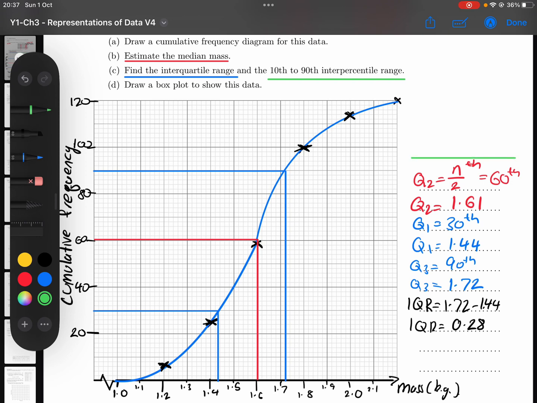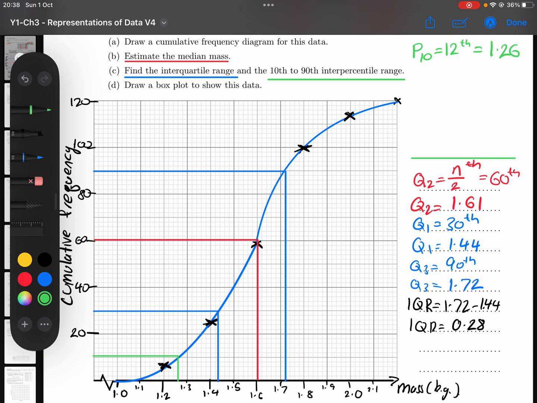The 10th percentile would be the 12th value. Across and down to the graph, 1.26 I am getting.